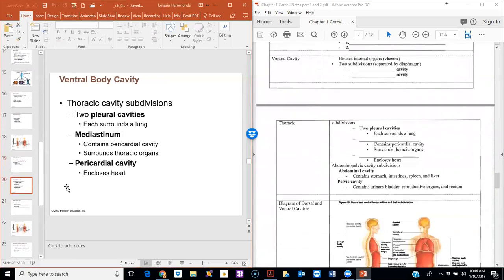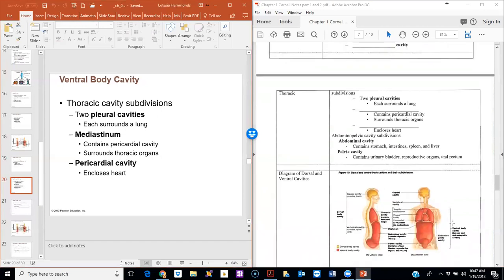First, looking at the thoracic cavity within the ventral, you have two pleural cavities. Each one of those surrounds a lung. You have your mediastinum, which is surrounded by the thoracic organs, and then you have your pericardial cavity, which encloses the heart.